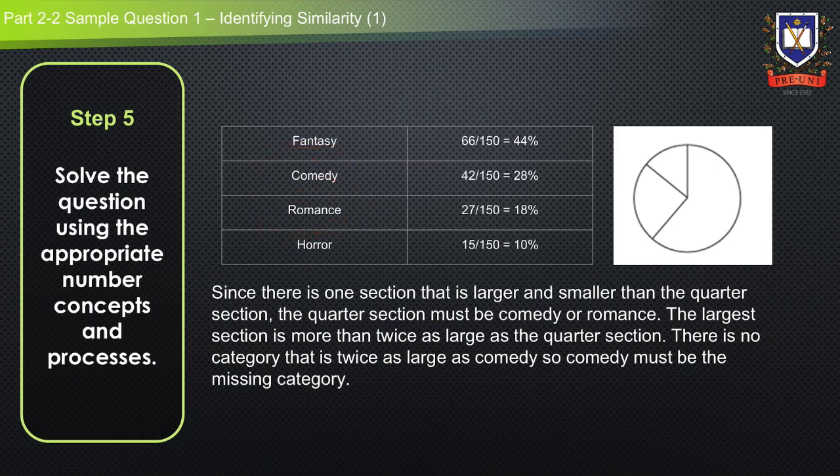The larger section is more than twice as large as the quarter section. There is no category that is twice as large as comedy, so comedy must be the missing category. We can see that fantasy is more than twice as large as romance, and we can see that horror will be the smallest. So therefore, we understand that comedy is the missing one.